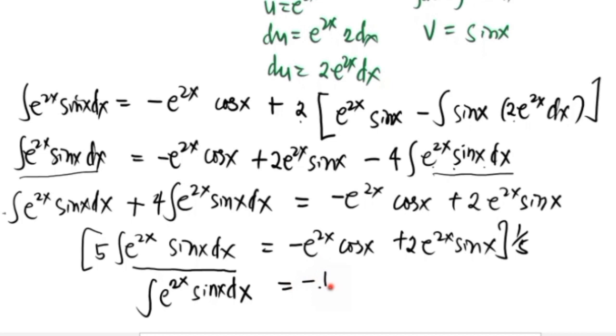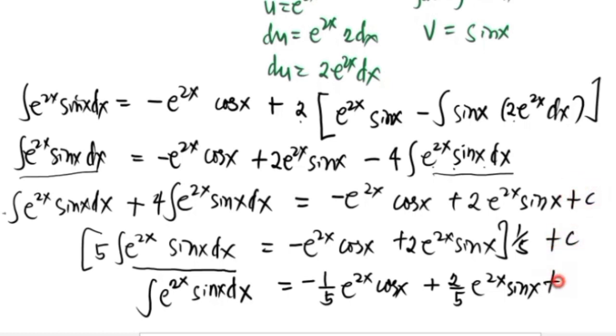So, that is just 1 over 5 e to the 2x cosine x plus 2/5 e to the 2x sine x. Since wala na tayo nakikitang integral sa right side ng equation, maglalagay na tayo ng plus c dito. And this is our answer.